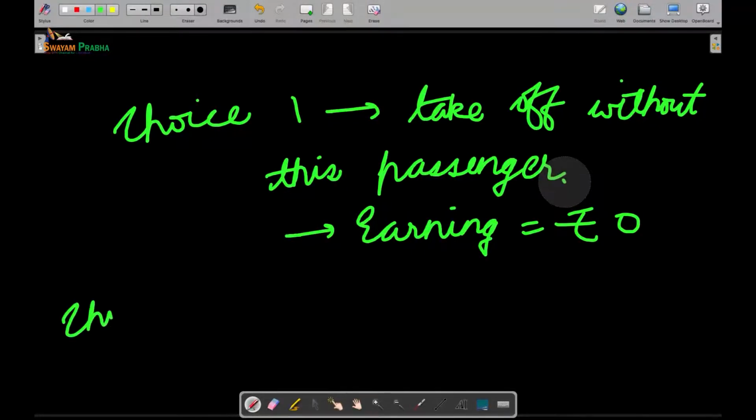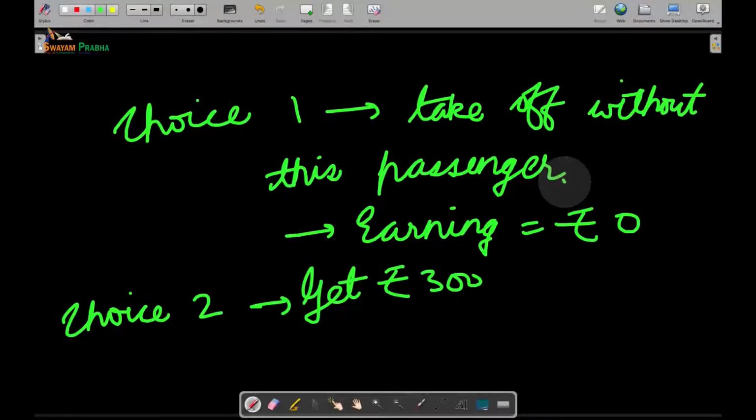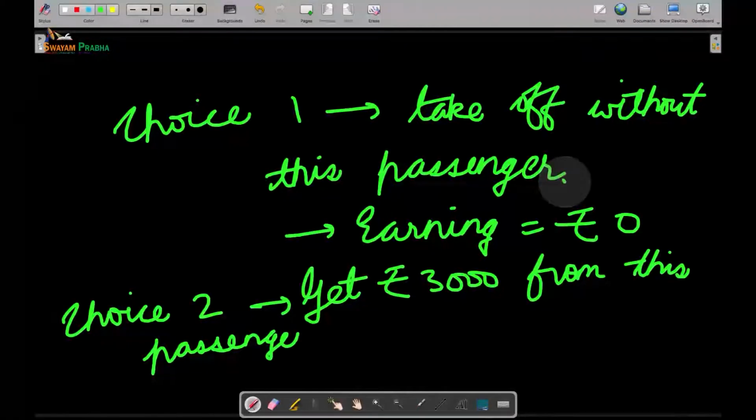The choice two is to get rupees 3,000 from this passenger and allot a seat.